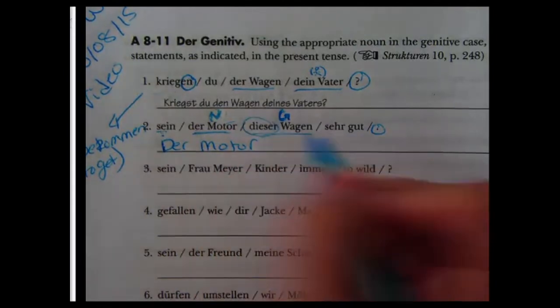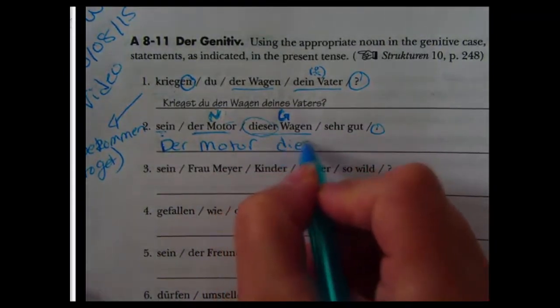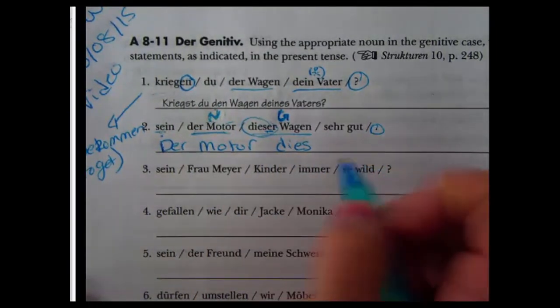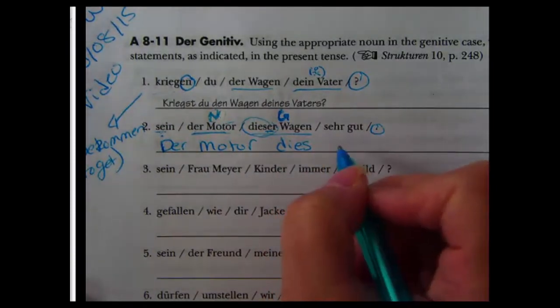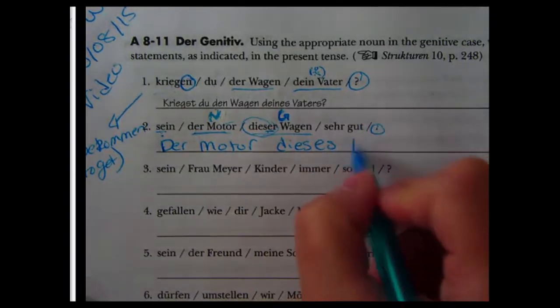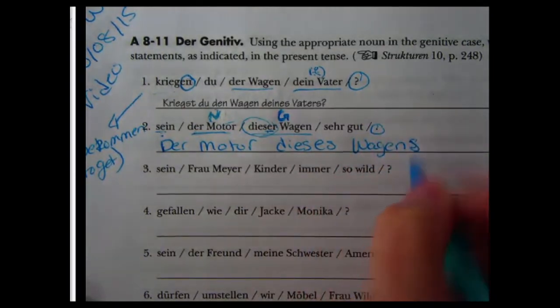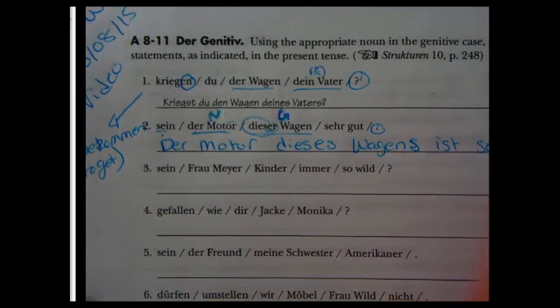Now, dieser is a der word, so it's still at that top column. Now I have it ER on there because it's masculine. It's just telling you that. What do I swap that out for? Okay, so dieses Wagens, there's my extra S, ist sehr gut.